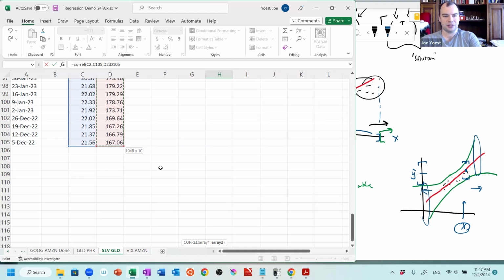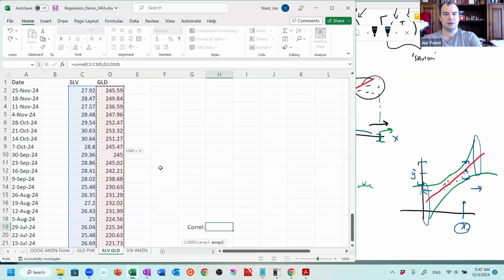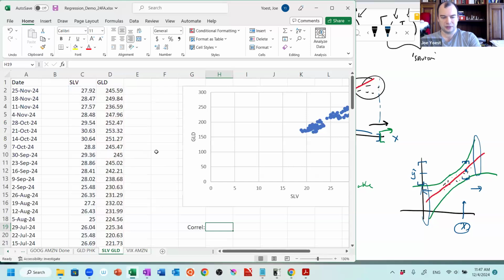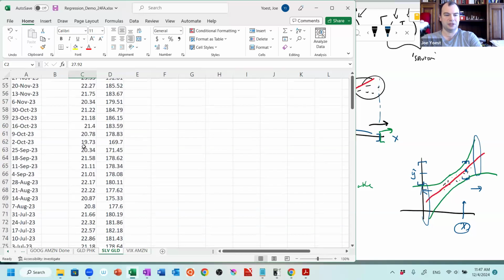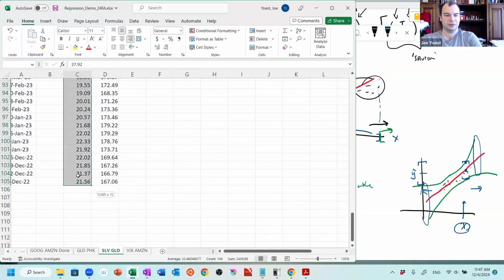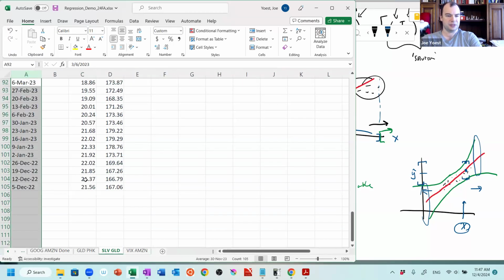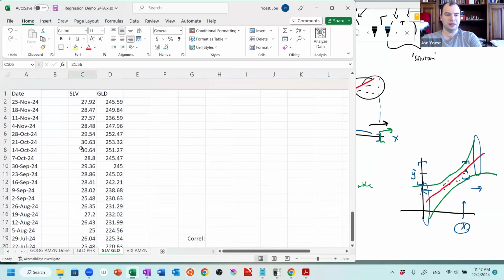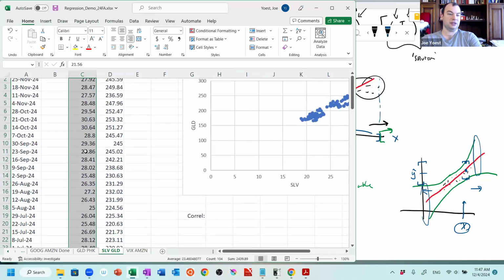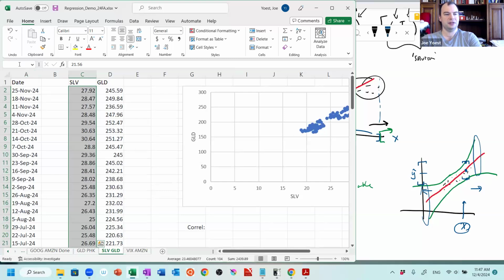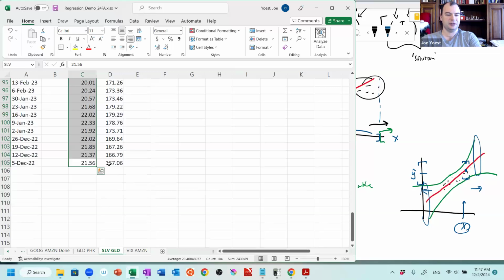Alternatively, I could name these two data sets. So you could do it that way. You could also just select all of the silver data, doing the same thing, clicking, shifting, and clicking, and then call it SLV or something like that.